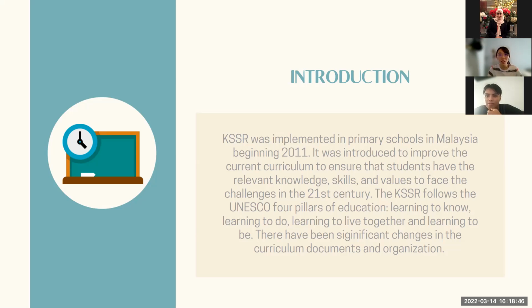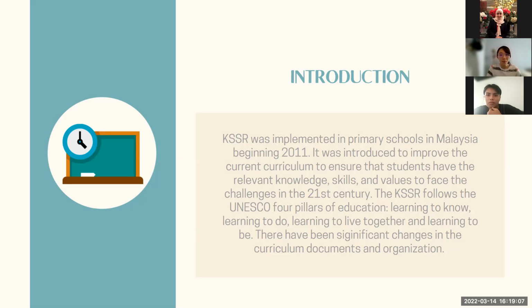As we all know, in the 21st century, there is a lot more technology integrated in our life. So technology plays an important part, as well as issues like critical thinking skills. For students of the 21st century, it is very important that they have a good command of critical thinking skills.